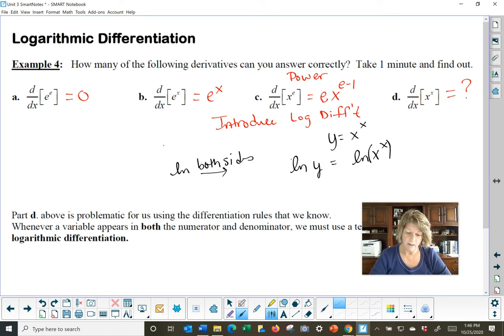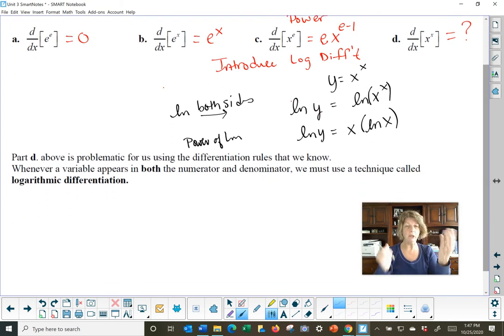Then, power rule of logs, not of derivatives, power rule of natural logs would say that I can write this as x natural log of x. Now that's something I can handle. So by doing the log on both sides, we were allowing the x variable to come down and play with the other x's in the equation.